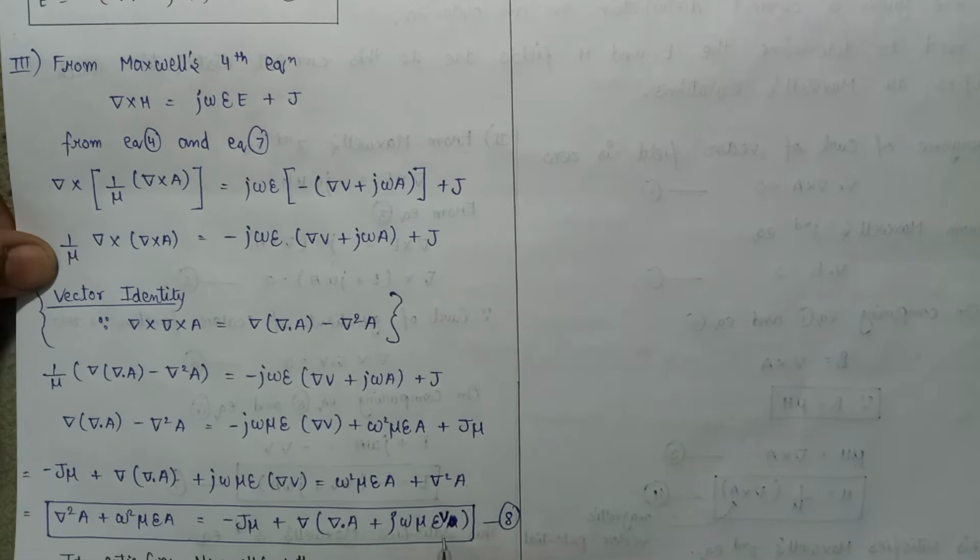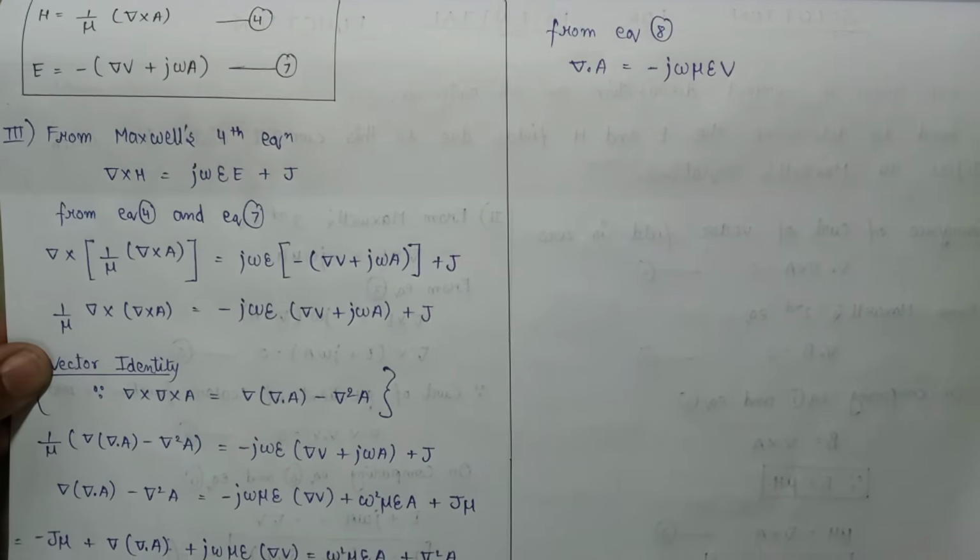That's why when we equate this bracket equals to 0, then the value of del dot A will be equals to minus of j omega mu epsilon into V, that is this equation.